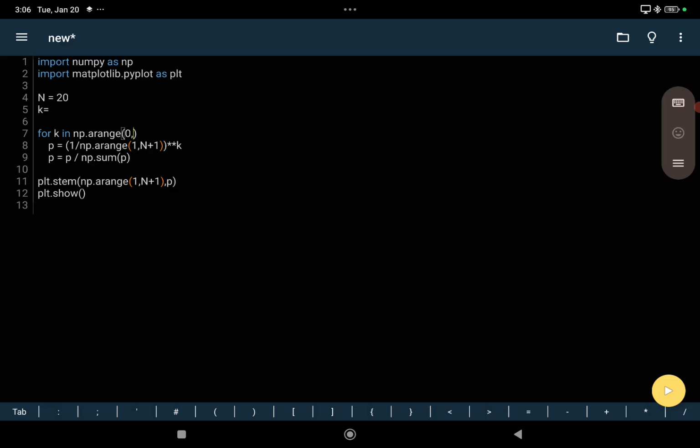So I'll vary this from 0 to 2 in steps of, say, 0.1.